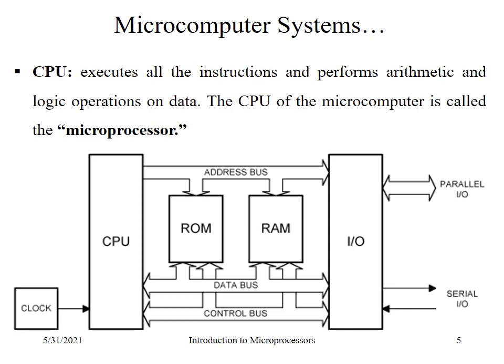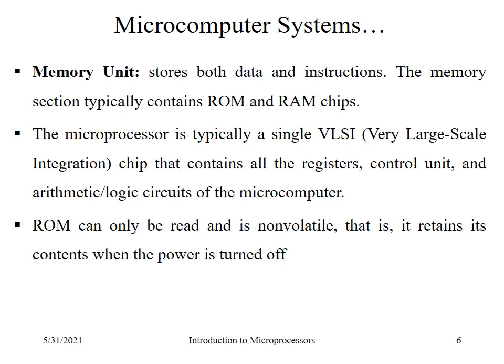Okay, so we have the CPU, and the main function of the CPU is to perform all the instructions and arithmetic and logic operations on the data. So the CPU of the microcomputer is called the microprocessor. The memory unit stores both the data and instructions.